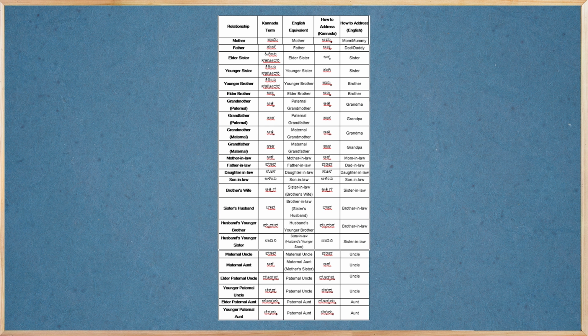Please note that both paternal grandparents and maternal grandparents are denoted with the same term, that is Ajja or Tata for grandfather and Ajji for grandmother.